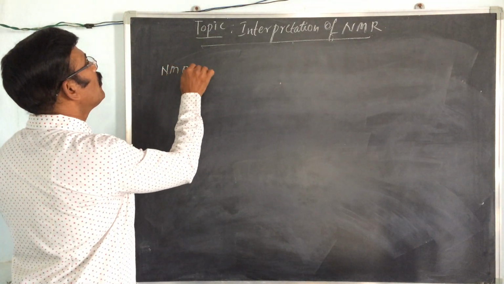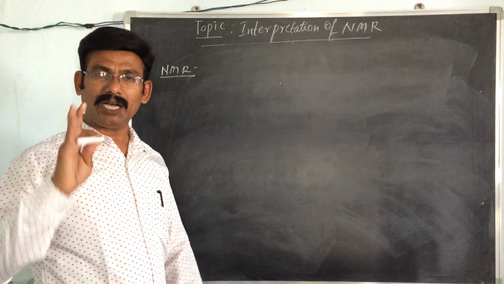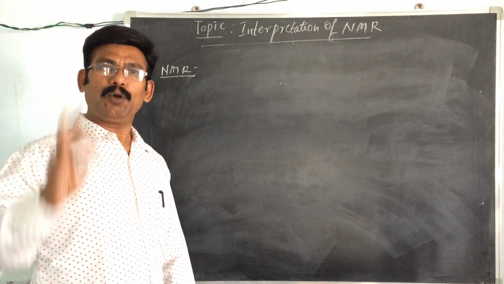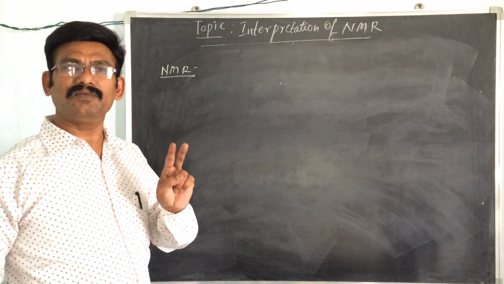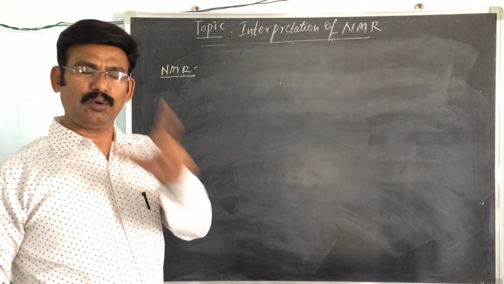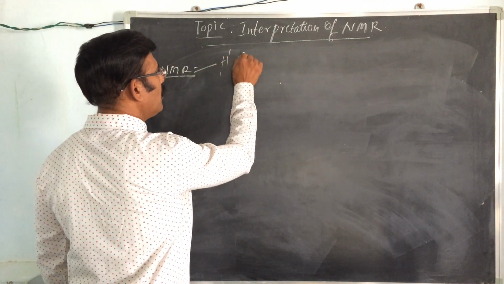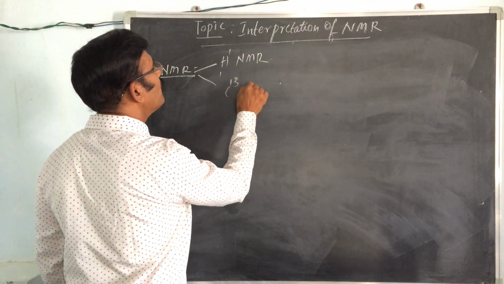There are actually four types: phosphorus, fluorine, C13 and proton NMR. But we don't need all of these. Only two types we have to know, and of those we only have to study proton NMR. That is H-NMR, proton NMR and C13 NMR.